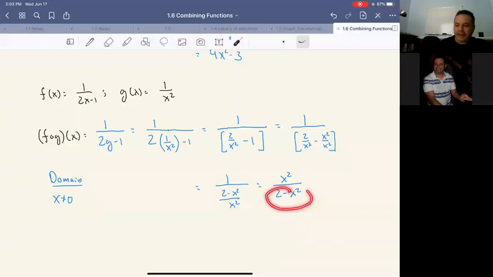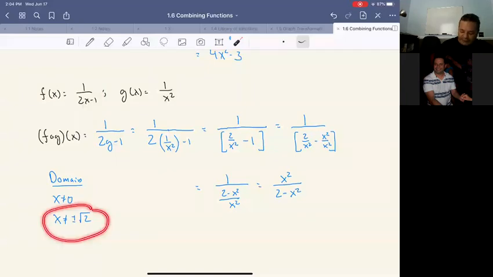We can't have plus or minus the square root of 2, because otherwise we'll have 0 in this denominator. The 1/2, I don't need to worry about that because that's on the outside function. So we've already sort of played around with that.